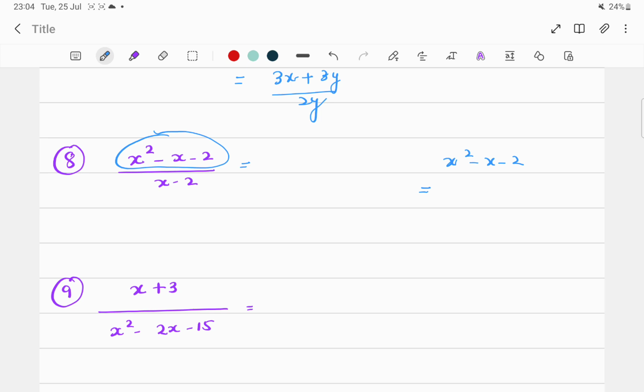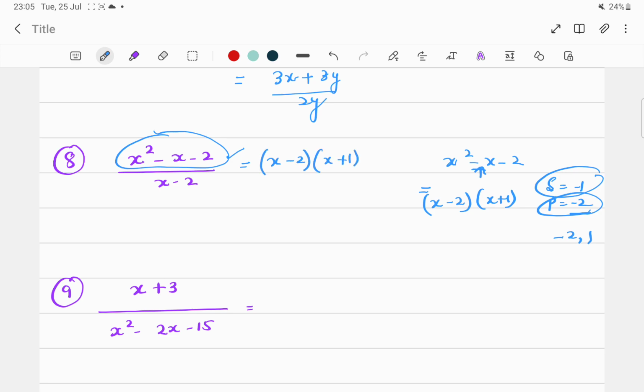So x squared minus x minus 2, the sum is negative 1 because of this sign, and the product is negative 2. So I have to look for two numbers which give me the product of negative 2 and sum of negative 1. They are negative 2 and 1. So the factors will be (x minus 2) times (x plus 1) for this numerator. So I will replace this expression with the factors (x minus 2) times (x plus 1), and there is division by (x minus 2), they will be cancelled. So the final answer will be x plus 1.